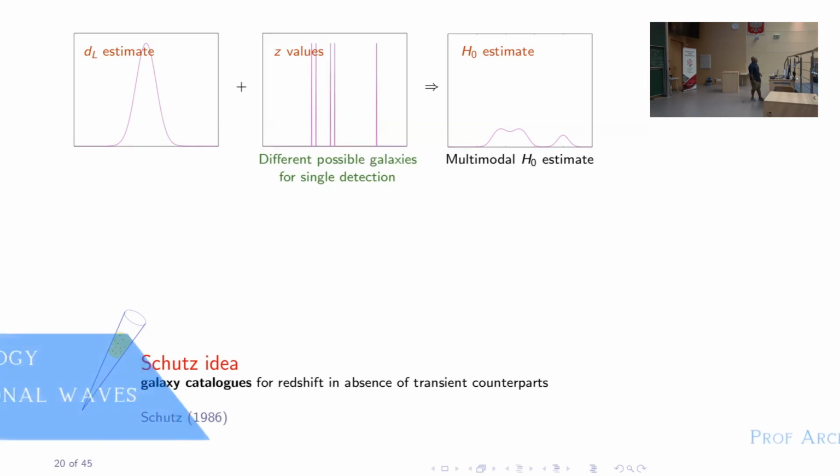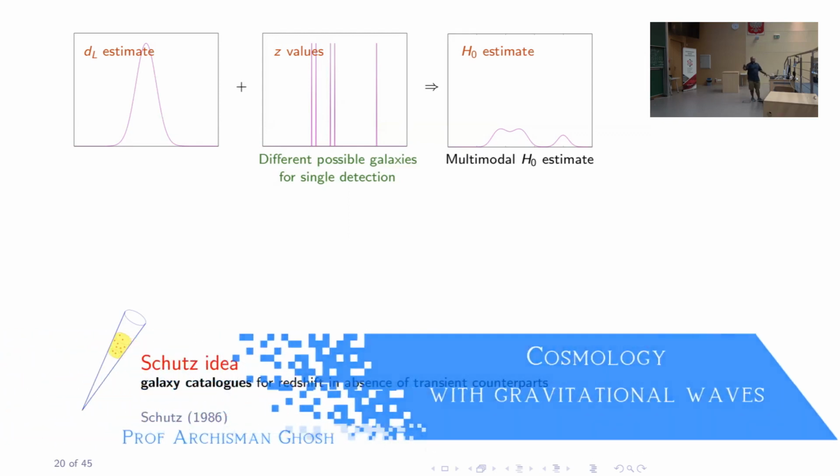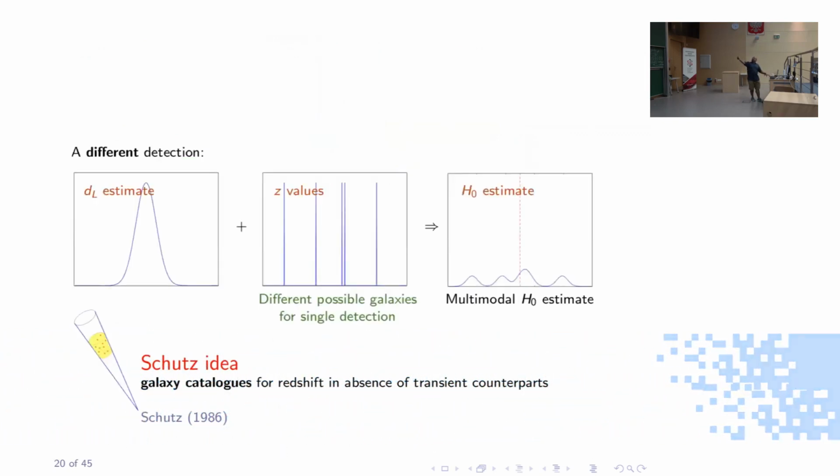However, consider now a different gravitational wave detection, in a different part of the sky, which came with its own distance estimate, a totally different distance estimate, a totally different set of possible galaxies in that sky area. That would give a Hubble constant estimate, also multimodal.